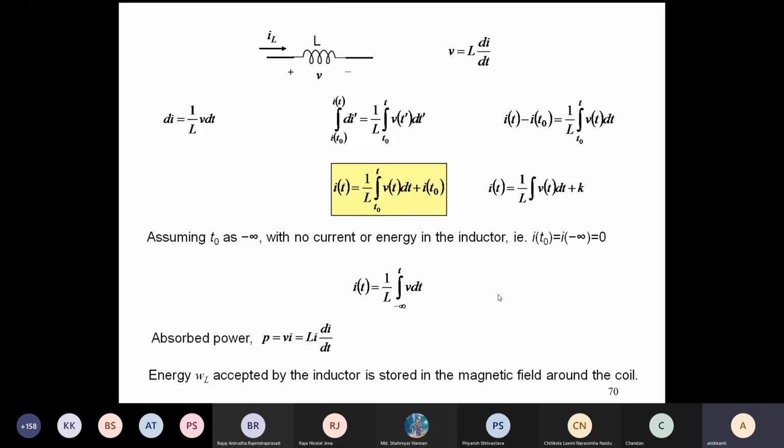Suppose you have a piece of inductor and you are going to switch it on at, say, 2 p.m. The inductor has been there for maybe the last 5 years, and even before switching there was no current through it. That is the initially relaxed condition. So before switching there was no current. That is the initial value of the time, because it is required in the integration.